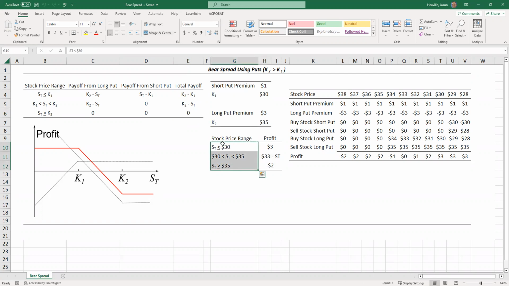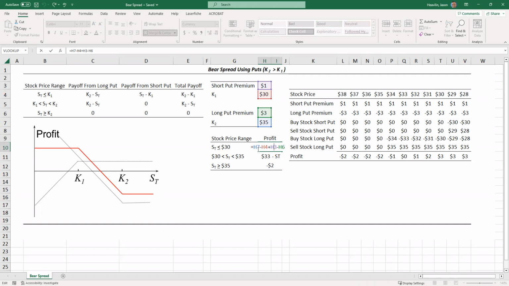So let's look at this piece here. ST less than or equal to K1. If we apply these numbers, that's the same as saying ST, the stock price at a time in the future, less than or equal to 30. So the way we calculate this is we follow this K2 minus K1. However, we're going to include the premiums now in order to calculate the profit.